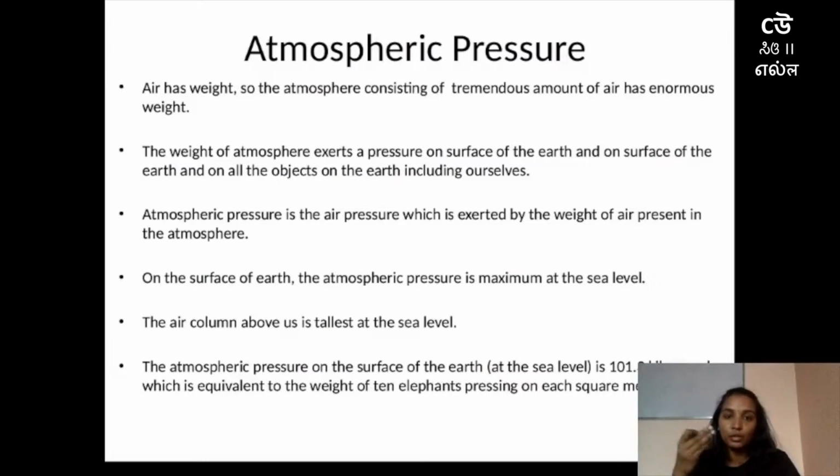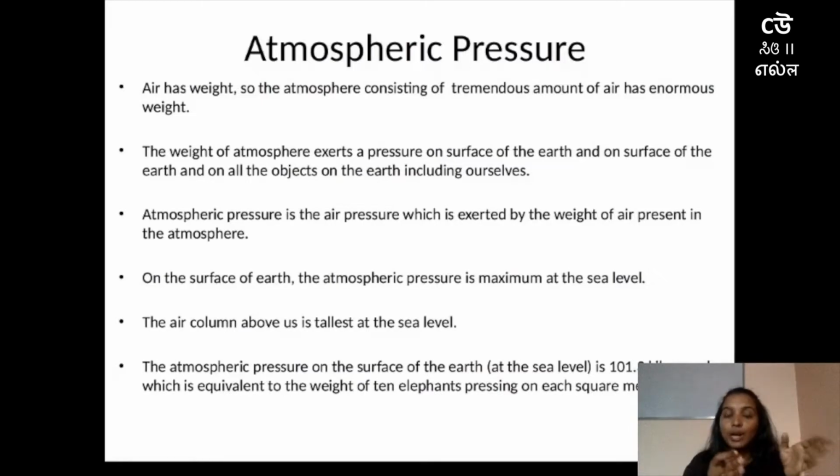When we compare the atmospheric pressure in the place where you are and in the place where your friend is, where will the atmospheric pressure be more?